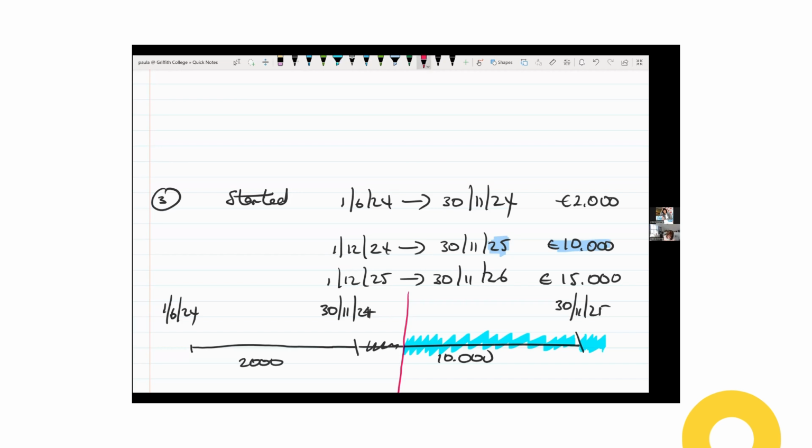Remember that this brings me down to the 31st of the 12th, 2024. Whereas that 10,000 has a month too many because it is from the previous year. It starts 1 month from the previous year. So I'm only going to take 11 twelfths of that 10,000.